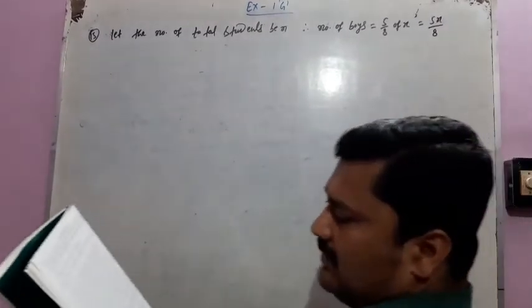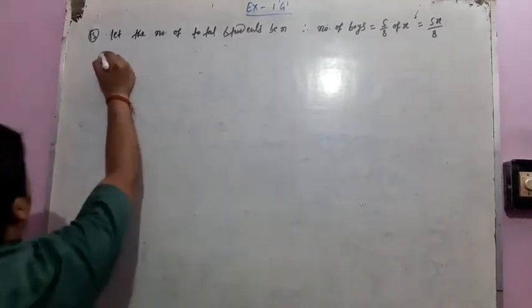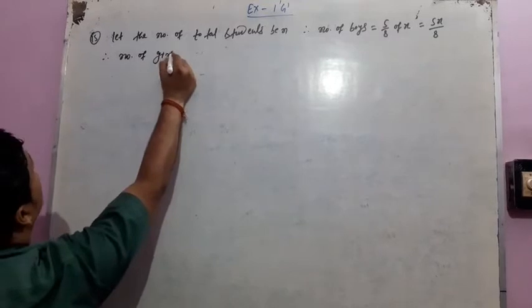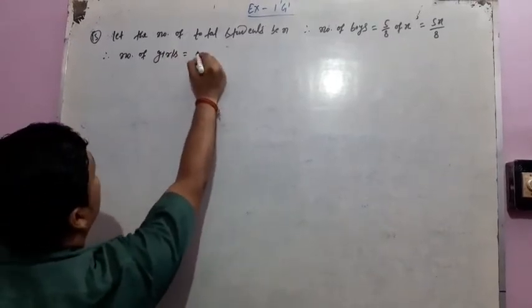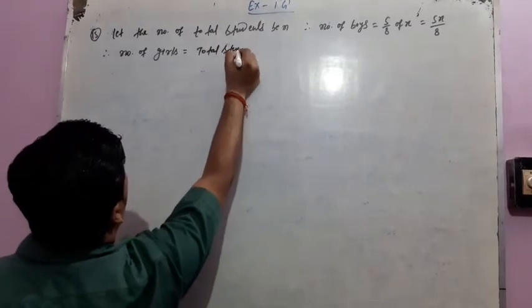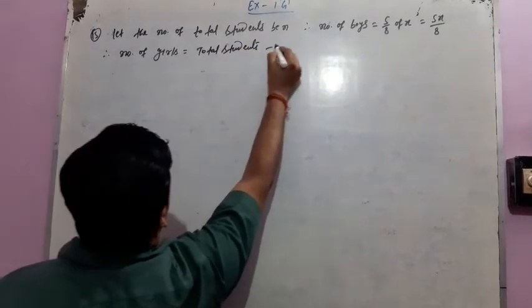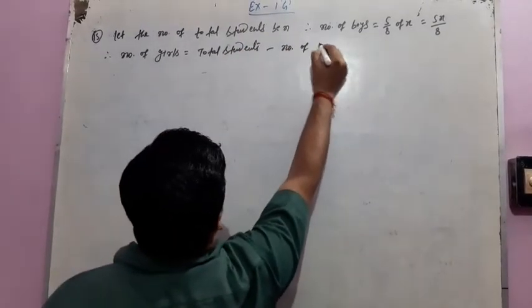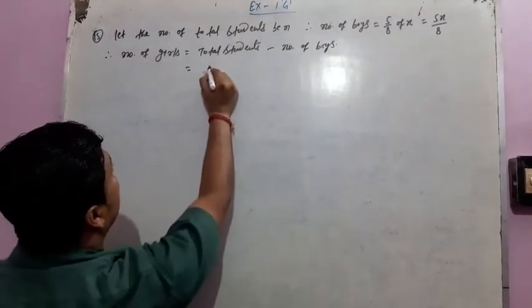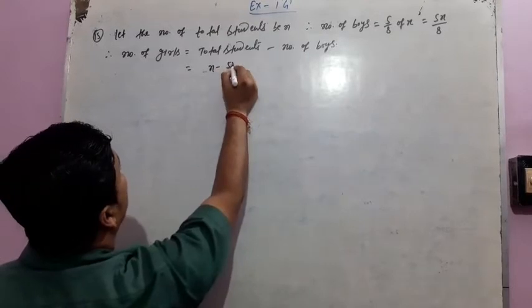Now what is the number of girls here? Therefore the number of girls is equal to total students minus number of boys. So the total students is x and the number of boys is 5x by 8.